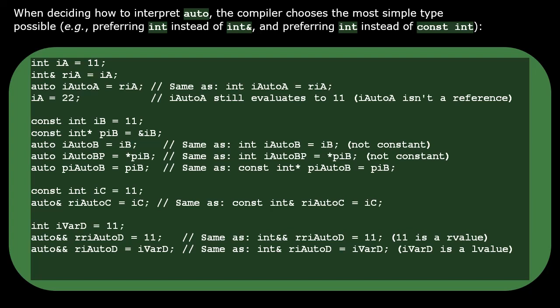But if the initialization value had been an L-value, such as this ordinary variable, then that type shortcut is the same as if you had programmed an ordinary traditional L-value reference to int.